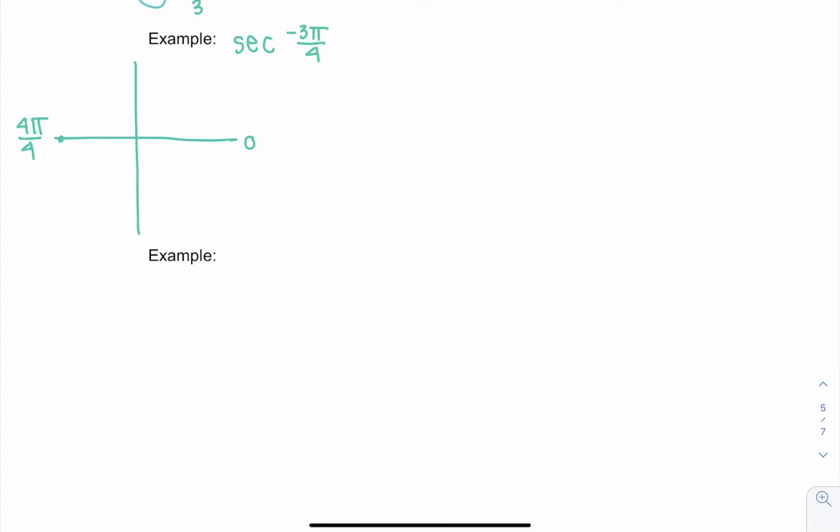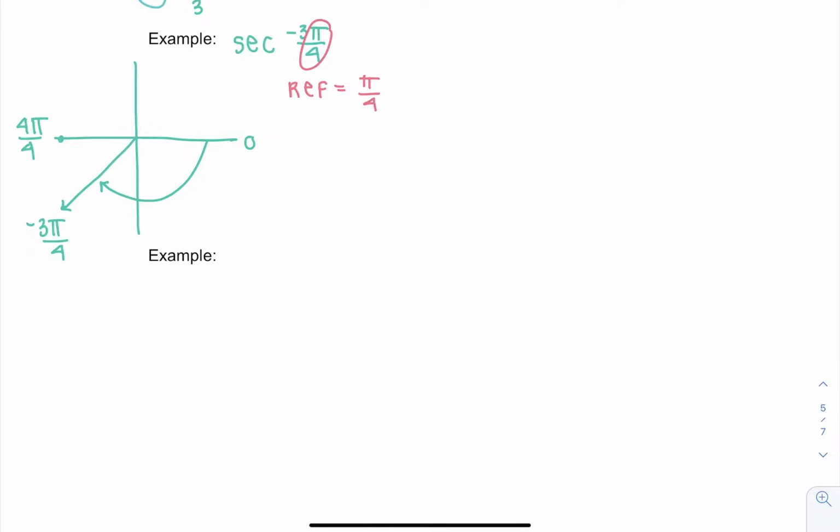Because 4 divided by 4 is 1. So if I'm at negative 3 pi over 4, that's going to be 1 less than 4 pi over 4. So I'm over here. Remember, you can also use your unit circle to help you out. So you can go back to the notes and check that out. So here we have negative 3 pi over 4. Our reference angle is really easy to spot. It's just pi over 4.